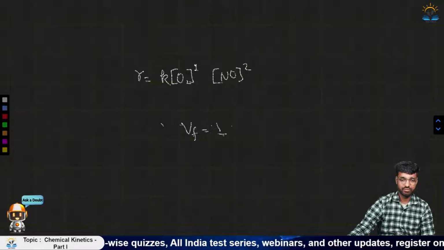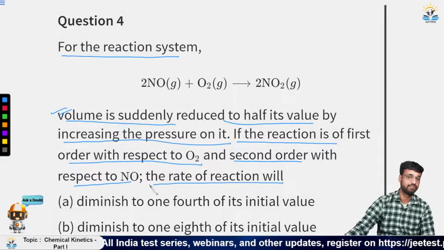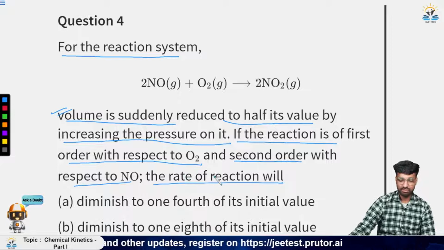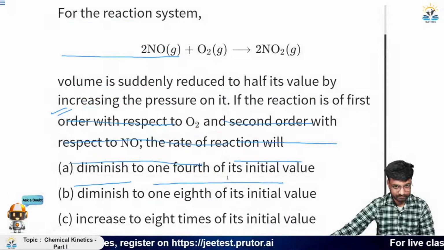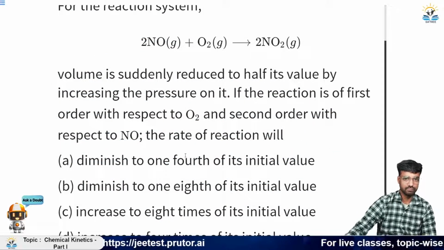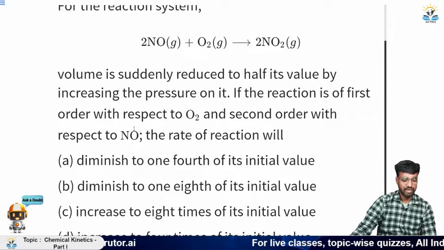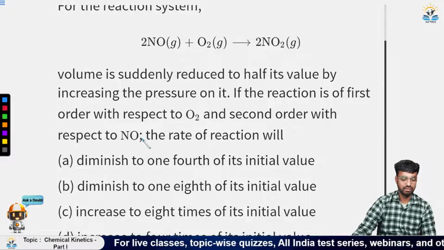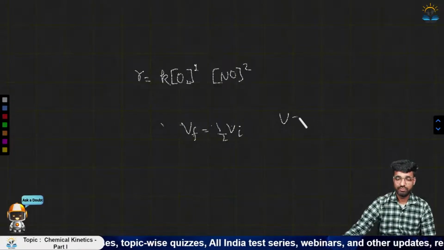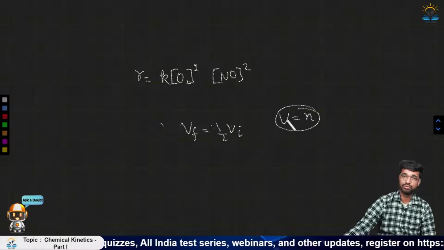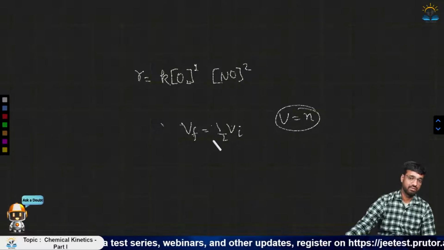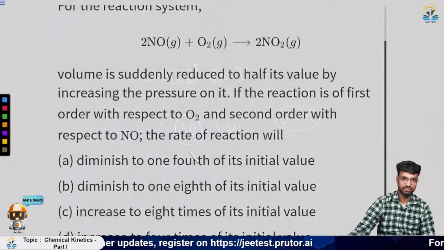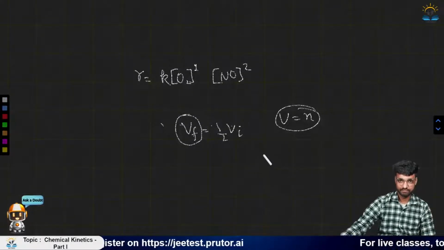V final is equal to 1 by 2 of initial. Now it is asking what will be the effect on this rate of reaction. To solve this question, you must know very well the relation between volume and number of moles.